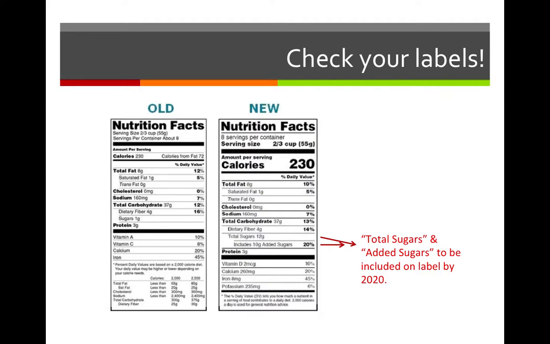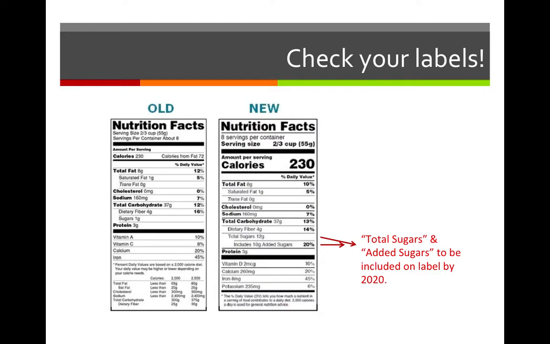Now, by the year 2020, food manufacturers with more than $10 million in annual sales must conform to the new nutrition facts label, which has a specific area for added sugars. The companies with less than $10 million in annual sales have until 2021 to comply. And many companies have already complied with this.